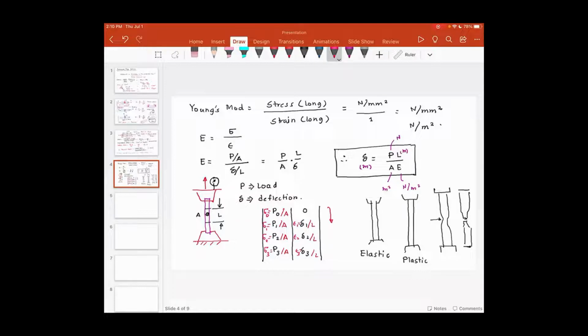So what I have now is the pairs sigma 1, epsilon 1, sigma 2, epsilon 2, sigma 3, epsilon 3, and so on.